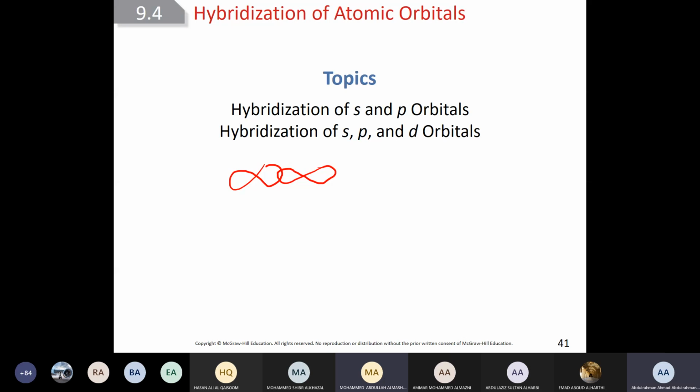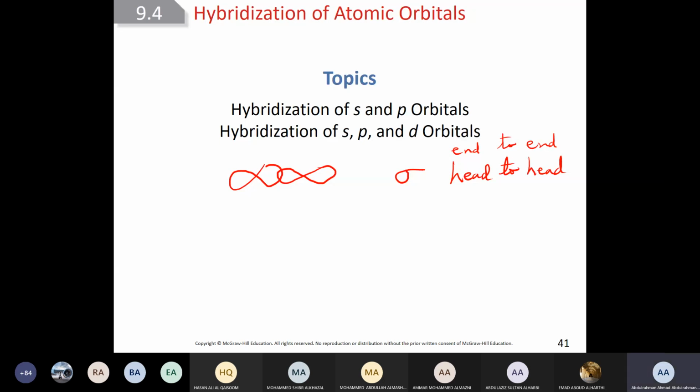Head to head, which is called sigma. Sigma, head to head. Or what's the other name? End to end. The other name is end to end.